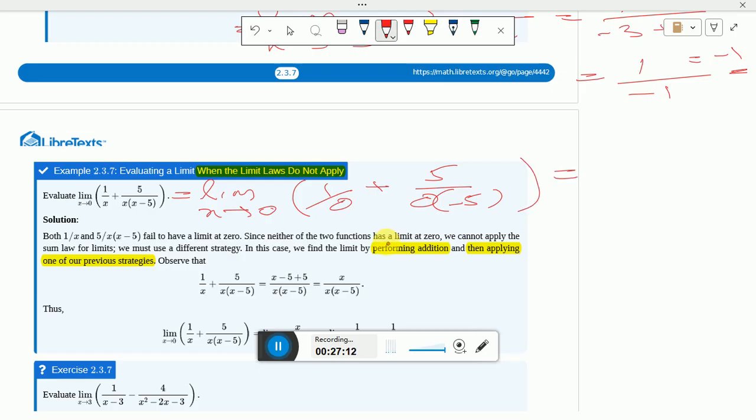Now what will happen? 1 over 0 is equal to what? Infinity. 1 over 0 is infinity, plus 5 over 0 into minus 5, 0. So 5 over 0 is also infinity.